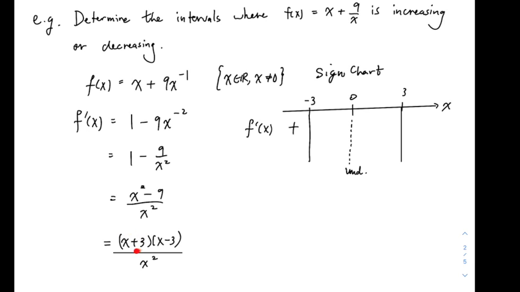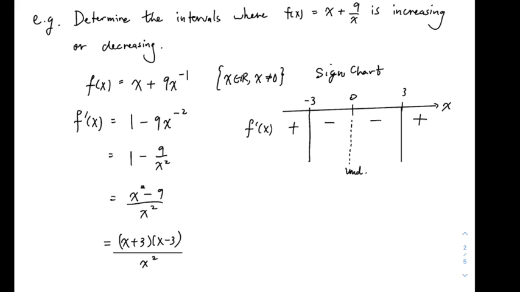Negative 2 makes this positive, negative, positive. So overall, we're negative. And then you can confirm that it's a negative and then a positive. The reason there's no sign change around 0 is because we have a square factor in the denominator. But you can just double check that these hold. Okay, so these are the signs of the derivative.